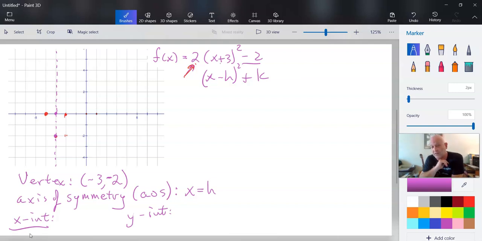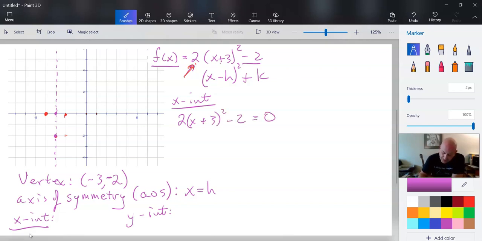So we're looking for x-intercepts first, which means y is going to be 0, and y is essentially f of x. So really what I'm going to do, if I want to find the x-intercepts, is take the function and set it equal to 0.